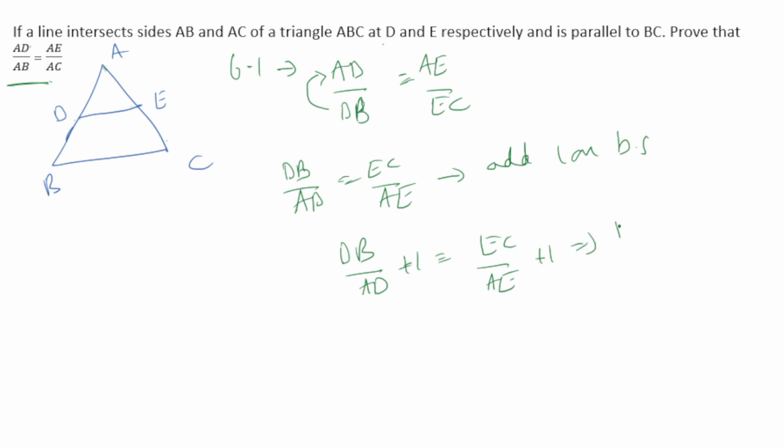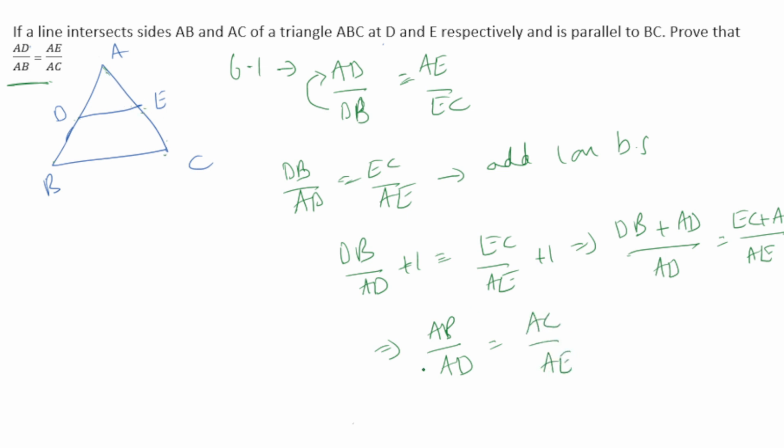If you take LCM, you will get DB plus AD divided by AD is equal to EC plus AE divided by AE. What is DB plus AD? It is AB. So AB divided by AD is equal to AC divided by AE. Now we will take the inverse again: numerator will go to denominator and denominator will go to numerator. We'll get AD divided by AB is equal to AE divided by AC.